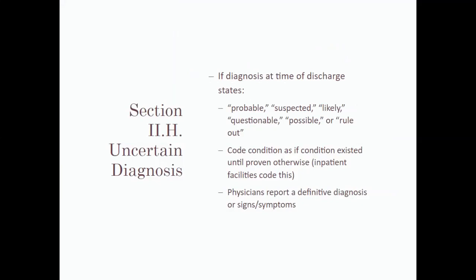The workup, observation, or therapies will be the same whether one is treating the confirmed condition or ruling out the condition. If the diagnosis at the time of discharge states probable, suspected, likely, questionable, possible, or rule out, code the conditions as if the condition existed until proven otherwise.